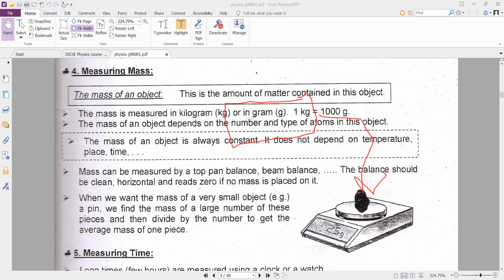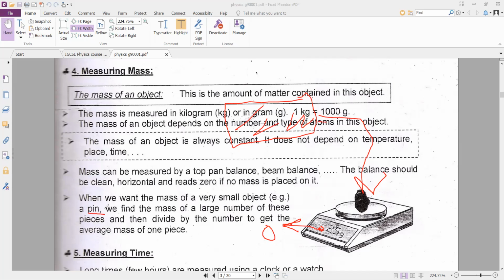I go there and remove the old object and change the reading to 0, then add this object on the surface of the balance. It should be clean and should read 0 before measurement. When we want the mass of a very small object, for example, you know the pin?